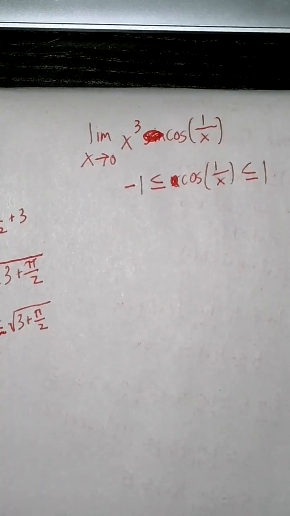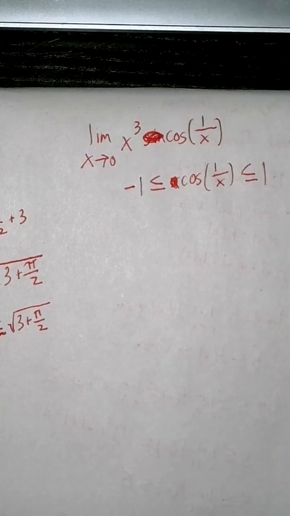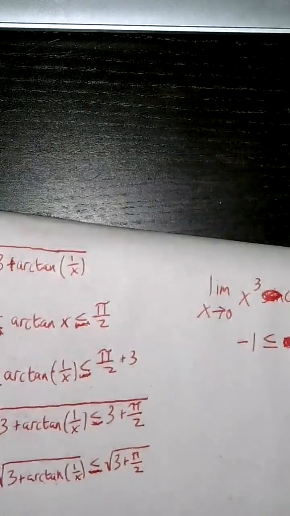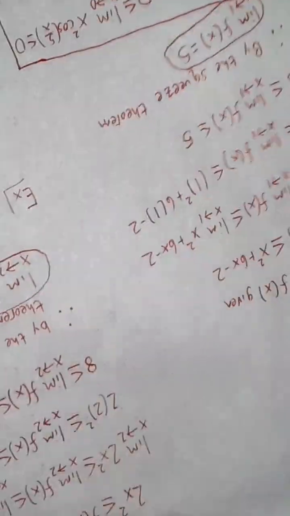I'm sad I missed when he explained what squeeze theorem is. No problem. I can explain it now. So squeeze theorem says the following, and then I'll go back to that problem.